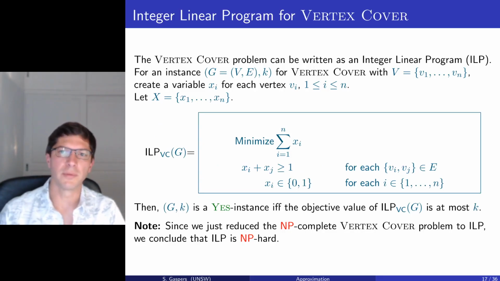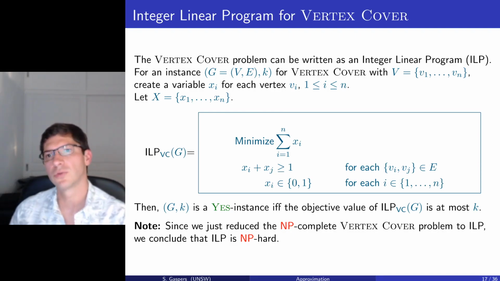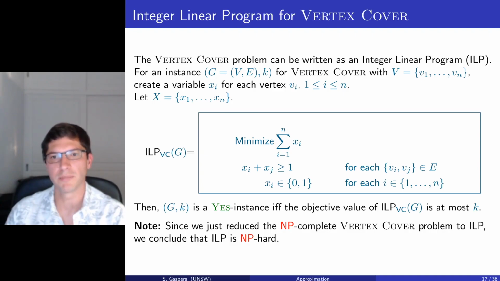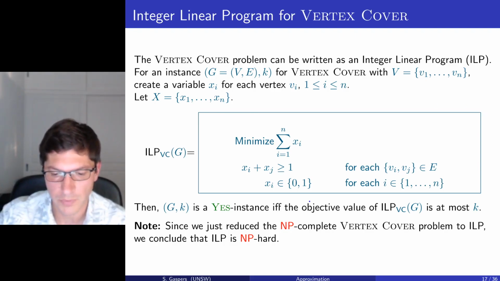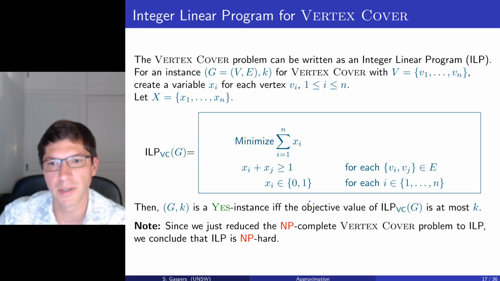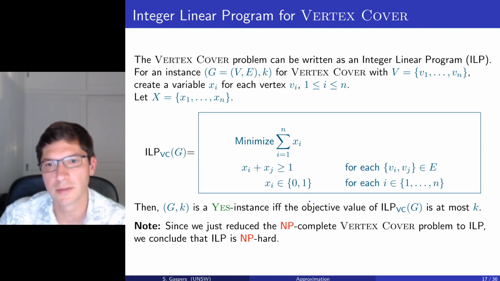Okay, so the vertex cover problem can be written as an integer linear program. So we can have a reduction from the vertex cover problem to an integer linear program. So what is an integer linear program? Well, it's something like this here. We need to minimize some objective function, and this function should be linear, subject to some constraints, and all of these constraints should also be linear.